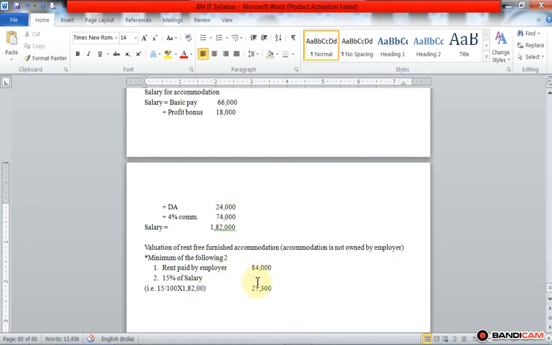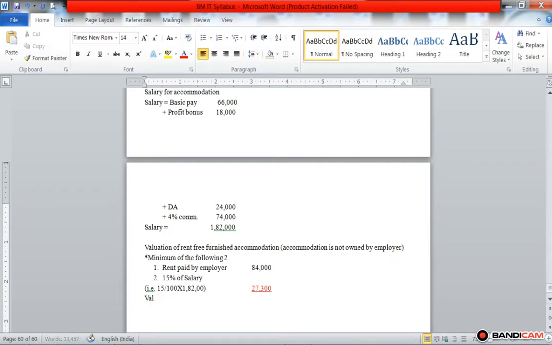Now the lesser of the following two is the accommodation value. So the lesser of the following two is 27,300. Got it? 27,300 is the lesser.